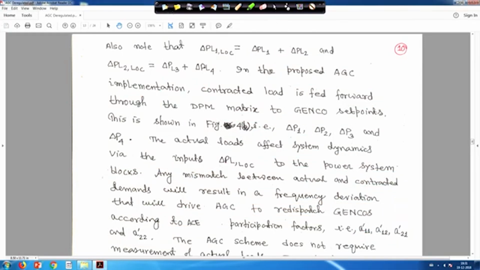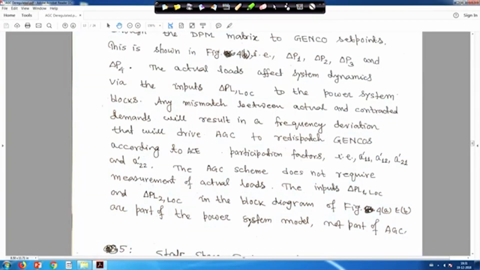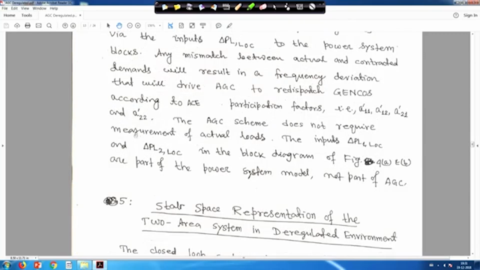So, next is the AGC scheme. Actually, it does not require measurement of actual loads, right. So, the inputs delta PL1 local and delta PL2 local in the block diagram of figure 4a and b are part of the power system model, but not part of AGC, right.